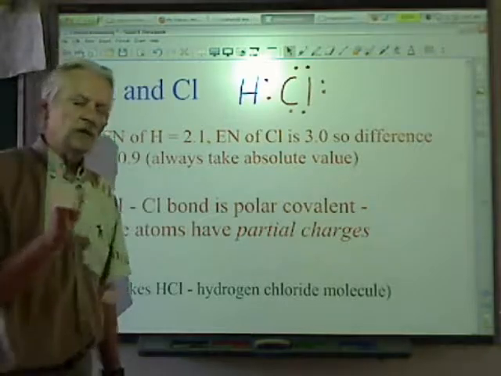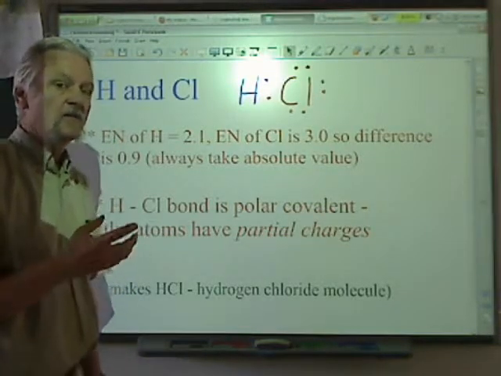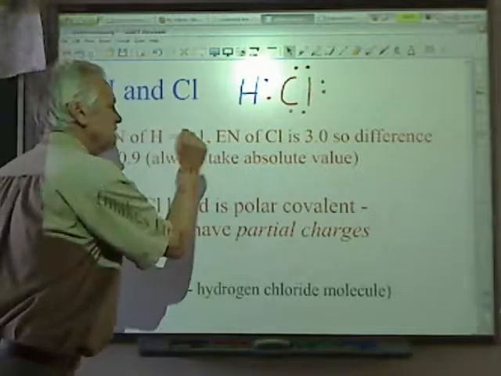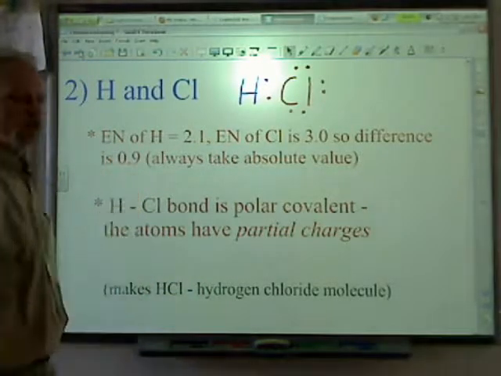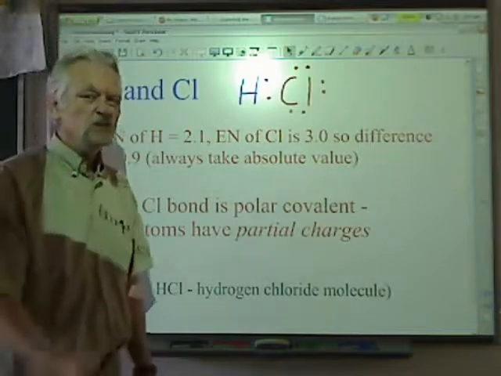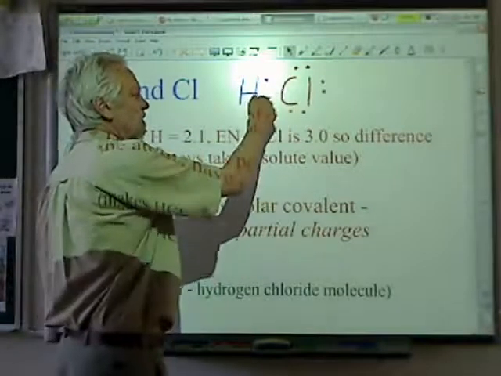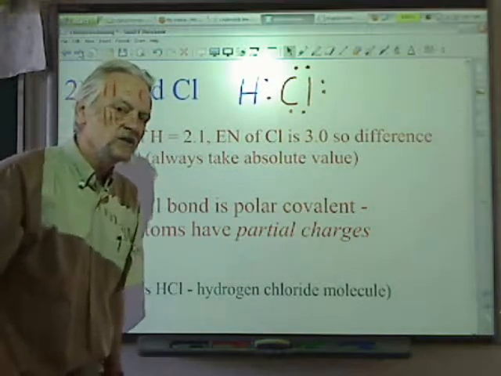Chlorine needs 1 more electron to complete its valence shell of 8. But the difference between chlorine and hydrogen is only about 0.9 in terms of electronegativity, which is not enough to strip that electron out of the 1s shell of hydrogen.